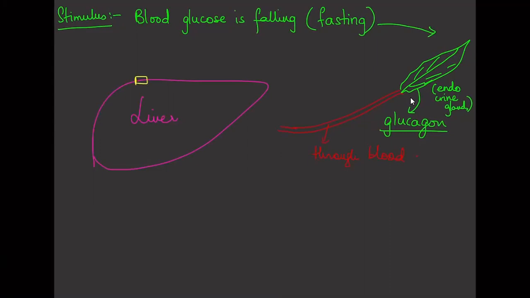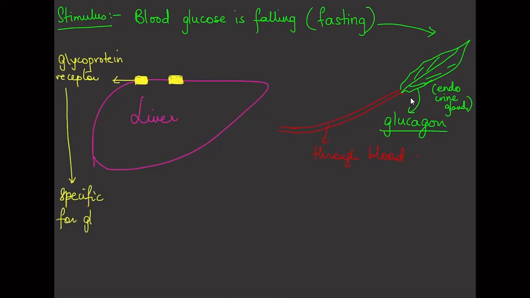And the liver cell has the receptors for glucagon, a glycoprotein receptor, specific for glucagon.